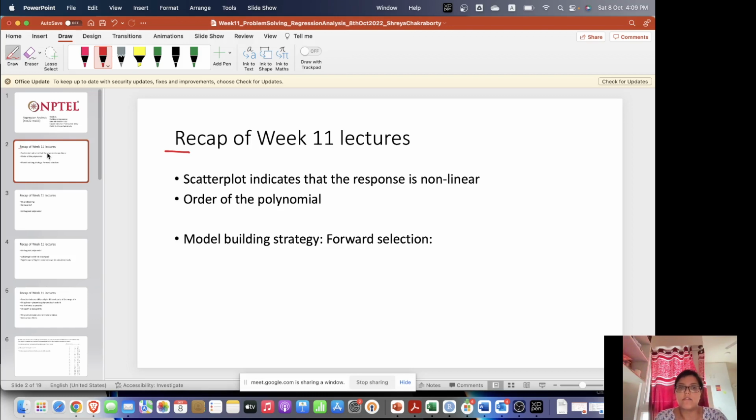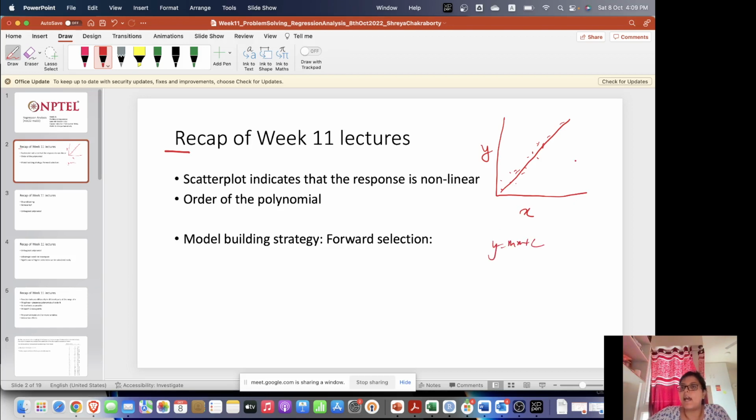As I have written, the scatter plot, like for linear regression, what example we gave? Suppose this was a scatter plot, this is my x, this is my y. If we observe something like this, so that a line can be fit, then we go for a linear y equal to mx plus c fit.